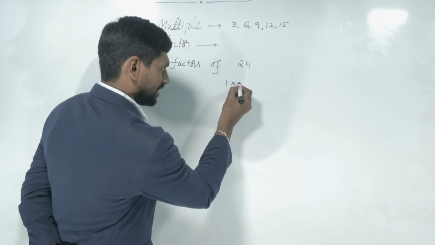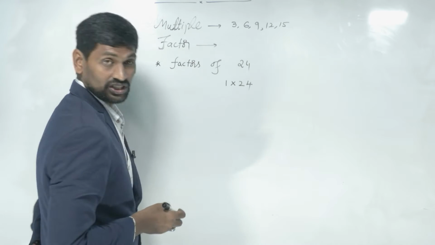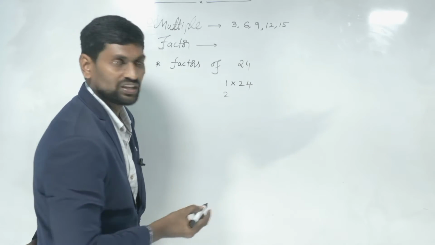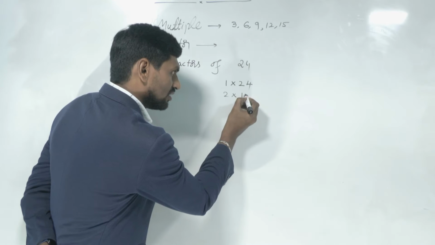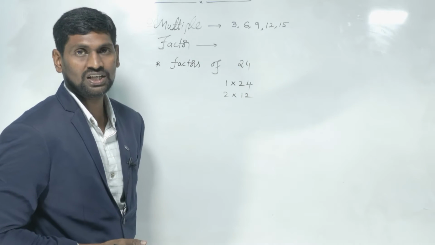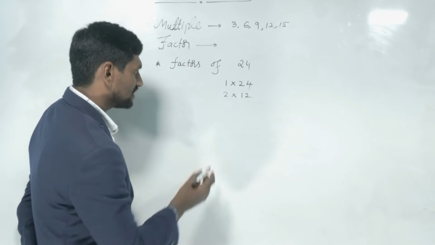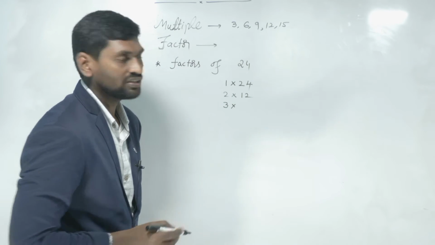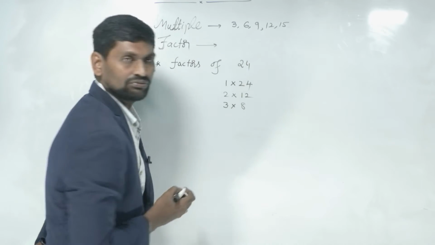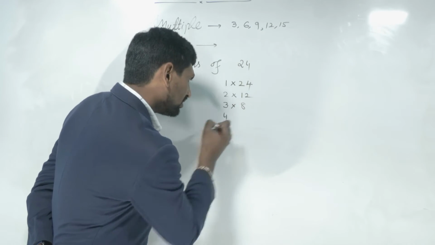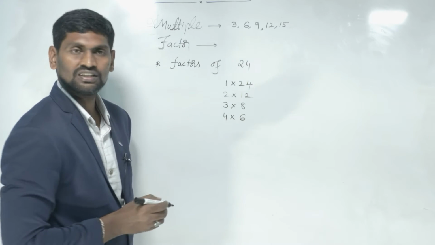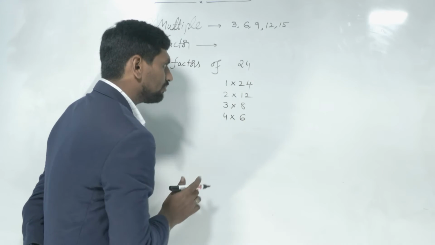Always every number will come in one table. 1 24s are 24. 2 table, 24 will come? Yes, 2 12s are 24. 3 table will come? 3 8s are 24. 4 table? Yes, 4 table also will come. 4 6s are 24.